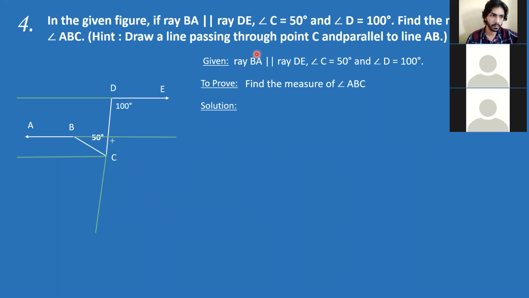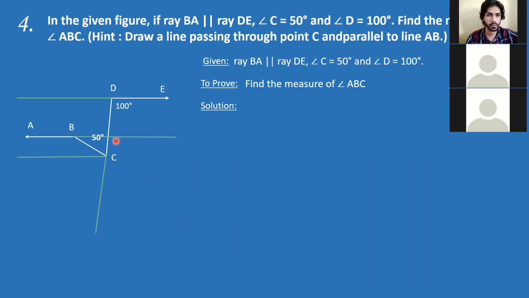This one, right? Prathamesh, can you annotate on the screen? If you cannot, just tell me. You can mark this corresponding angle.